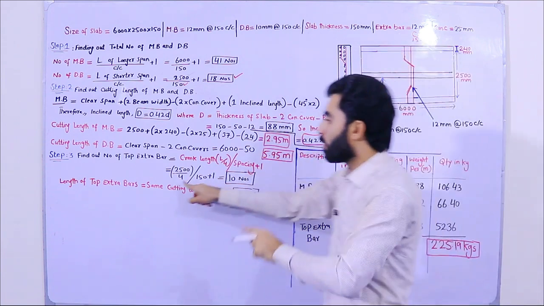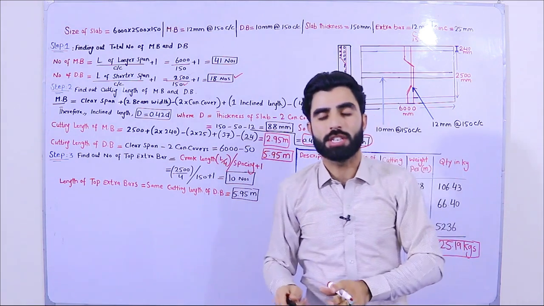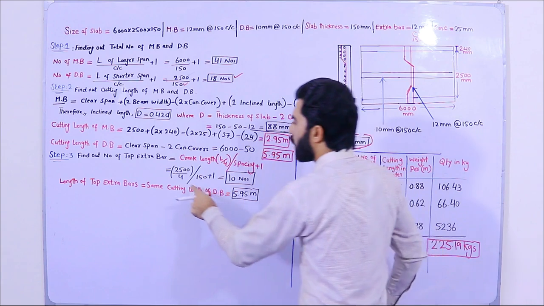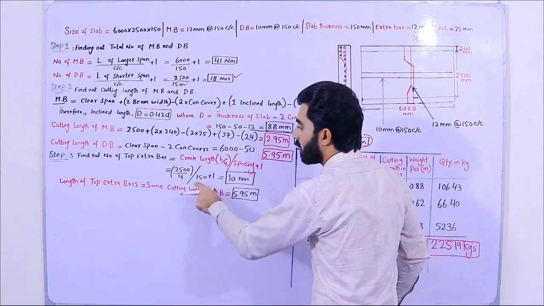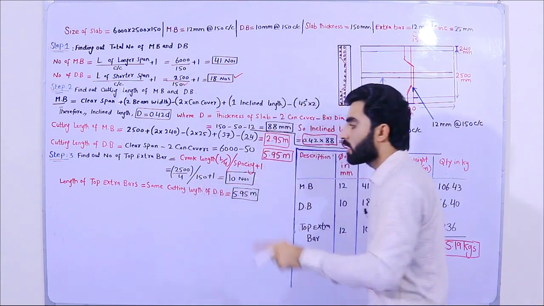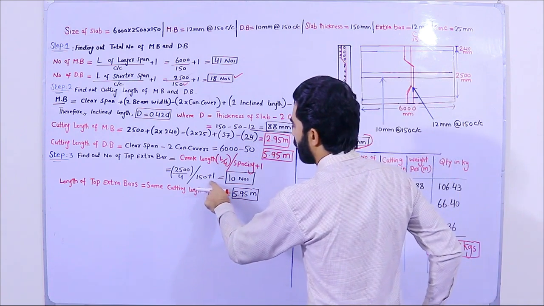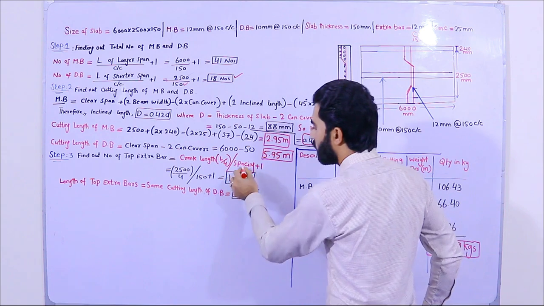Now divide by 4, because with L by 4 distance we will provide extra bar. Okay, so 2500 divided by 4, again divide by 150 spacing of extra bar, which is 150 mm plus 1, so we required 10 numbers.